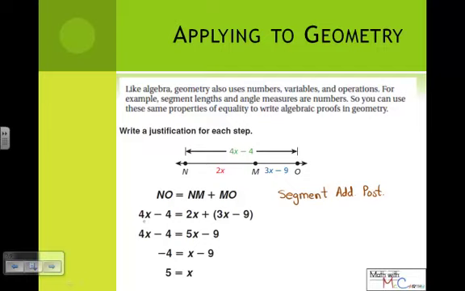So then, if we represent NO with 4x minus 4, represent NM as 2x, and MO as 3x minus 9, all we have used is our substitution property. So here, if we distribute the plus there, and then we simplify that, actually we have combined like terms or also used the distributive property.